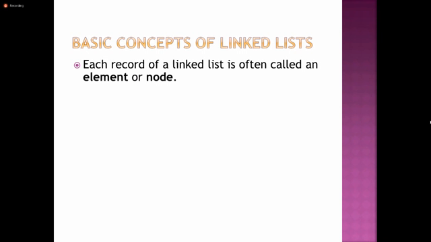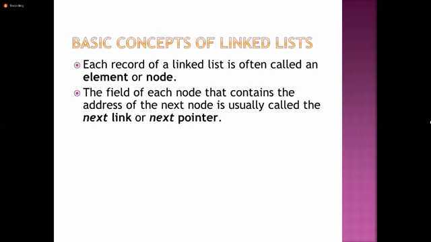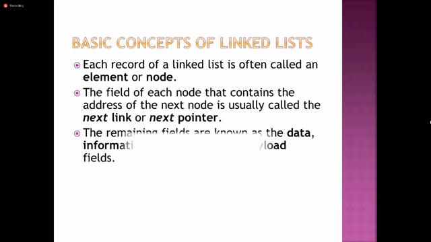Each record or the basic element of the linked list is called an element or a node. A field of each node contains the address of the next node, and this is called the next link or the next pointer. The remaining field is known as the data or the information.